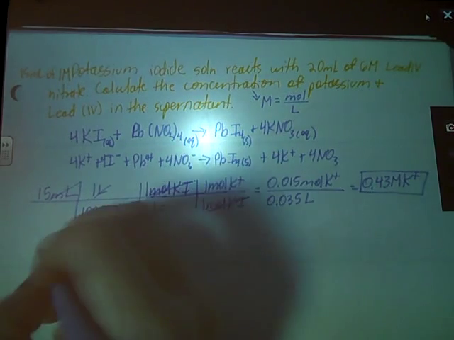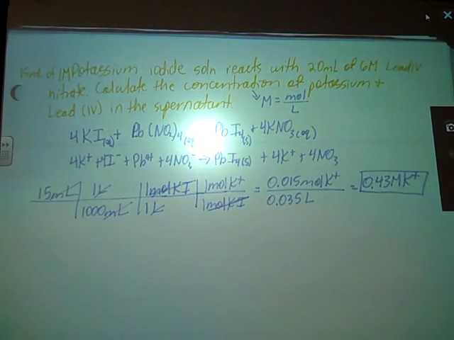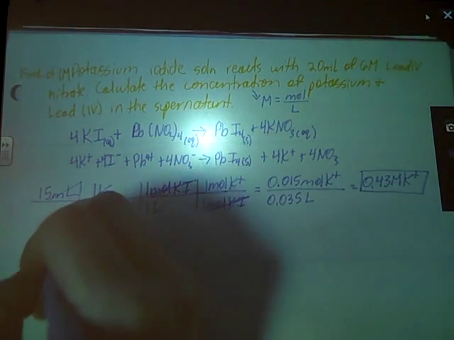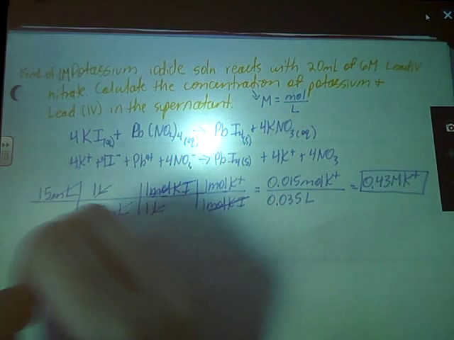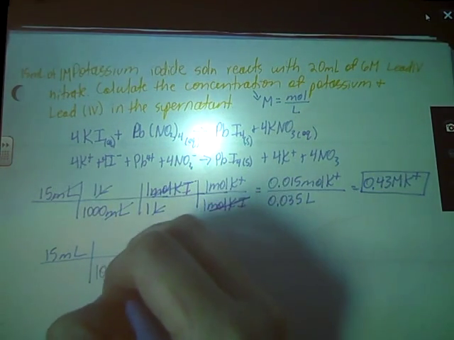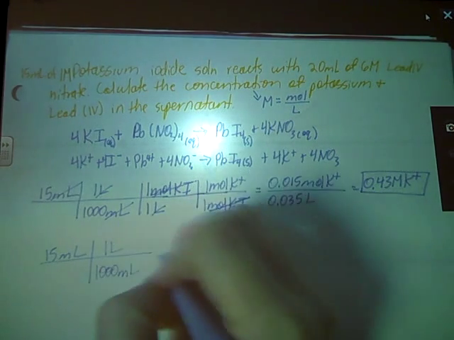So off we go. I'm going to skip the map part. There are previous videos that will walk you through mapping out exactly which conversion factors you are going to use. For the sake of time, I'm going to skip that step and jump straight to the numbers. Milliliters are no good.